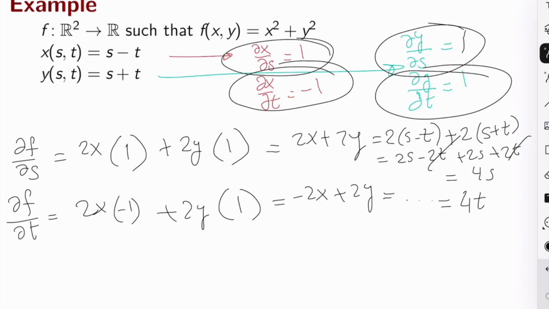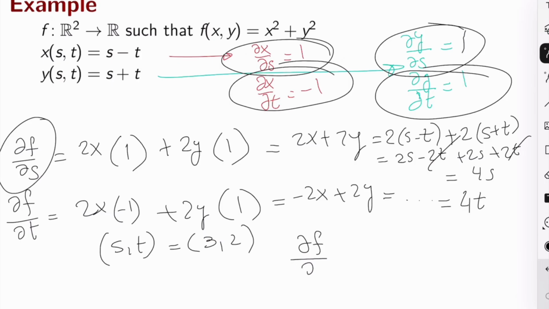Of course, we can evaluate these derivatives as functions, so we can evaluate them at any point you want in the domain of the function. So, for instance, let's evaluate these functions at (s, t) equal, let's say, (3, 2), meaning s is 3 and t is 2. Then the partial derivative of f with respect to s evaluated at (3, 2), where I substitute here (3, 2), the only variable there is s, will be 4 times 3, that will be 12.